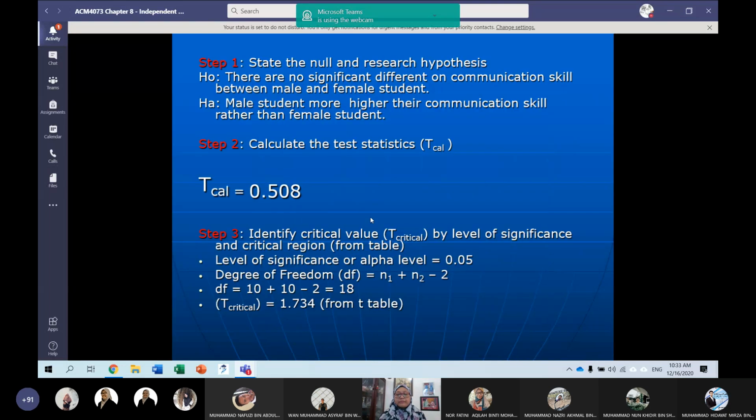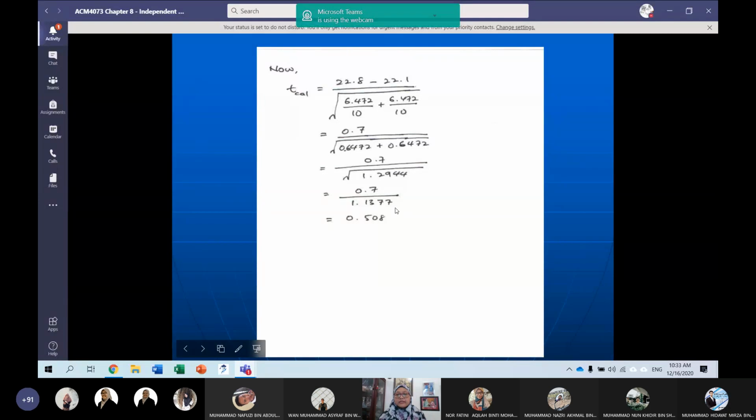So this should be corrected. This is the answer, 0.6152.